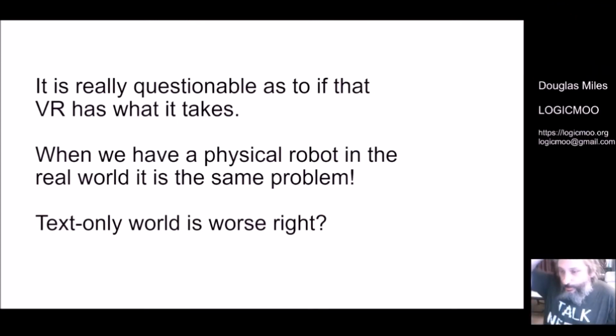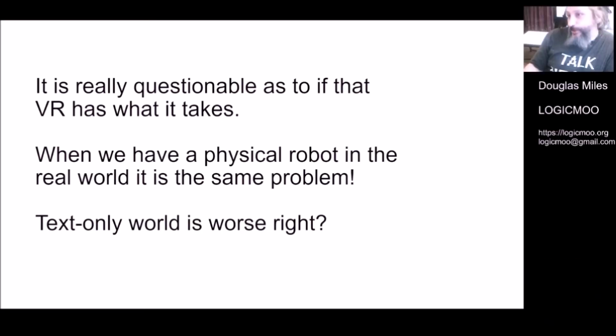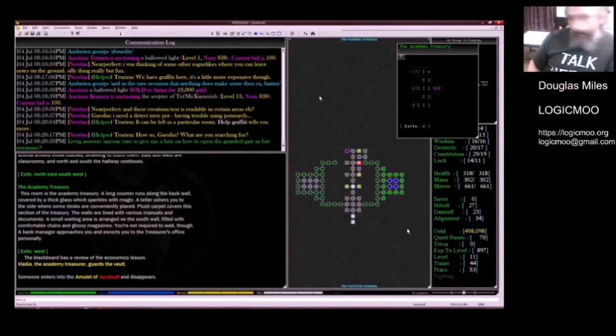If you're old enough to know what a text MUD is, you know that they're pretty cheesy and faked. Sometimes it's not even real text. What I mean is, it'll describe a room with objects, and if you try to interact with those objects, it's going to say, I don't know what you mean.